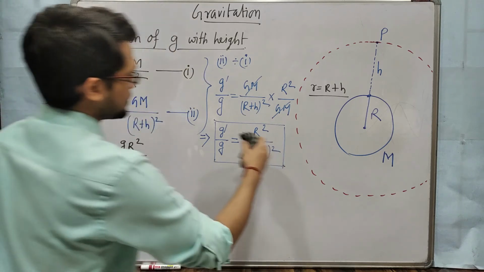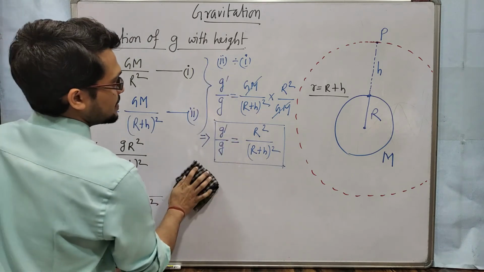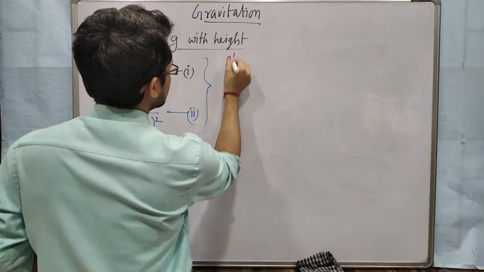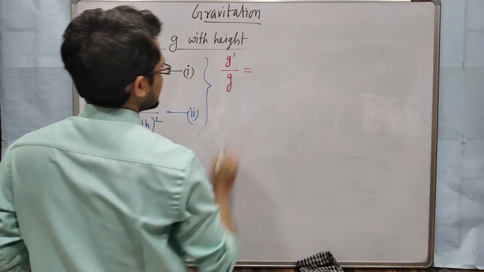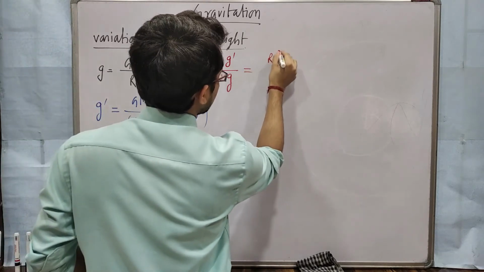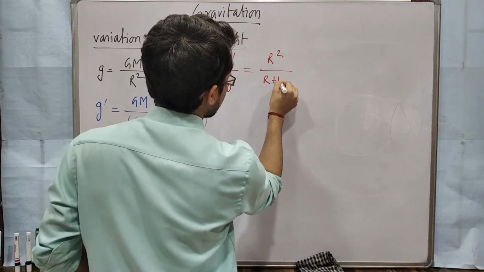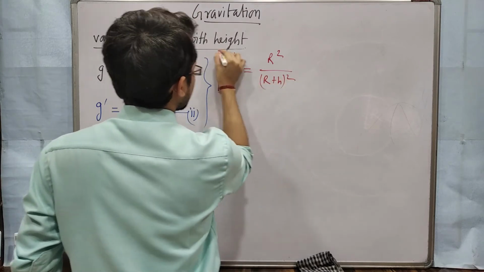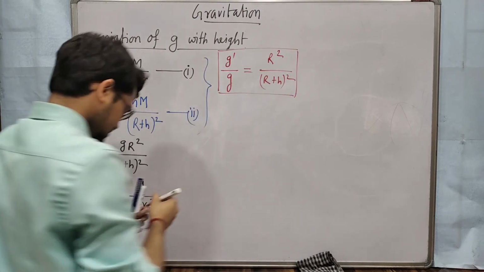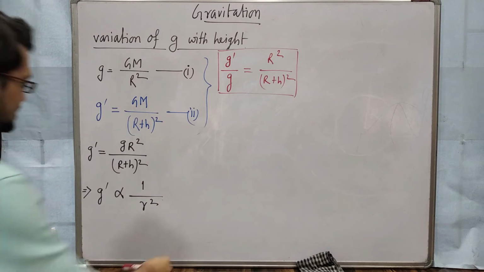So I am erasing this portion and writing this equation: g prime by g equal to R square by (R plus h) whole square. Clear.